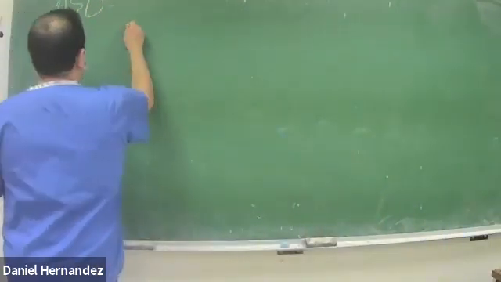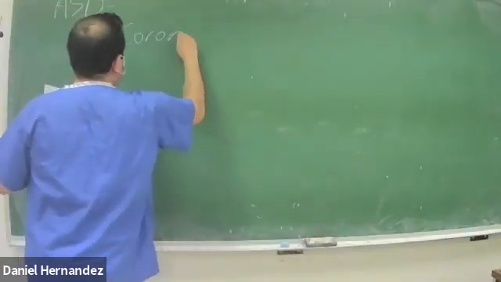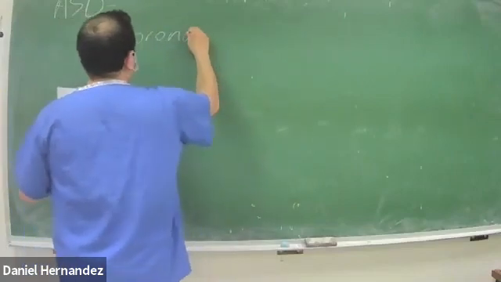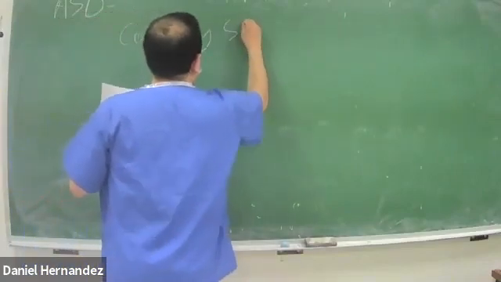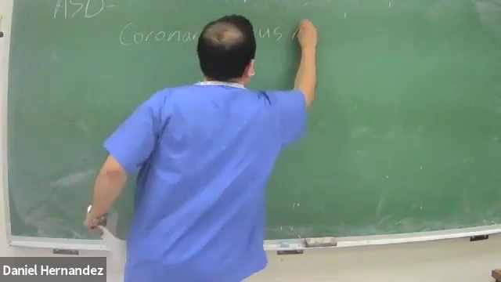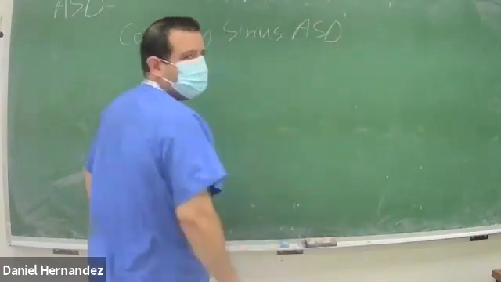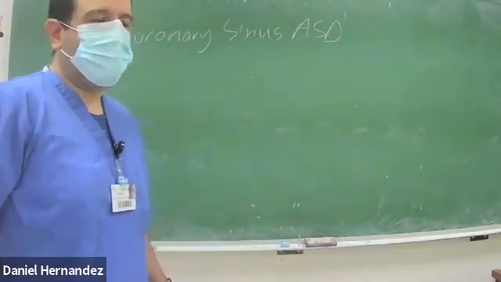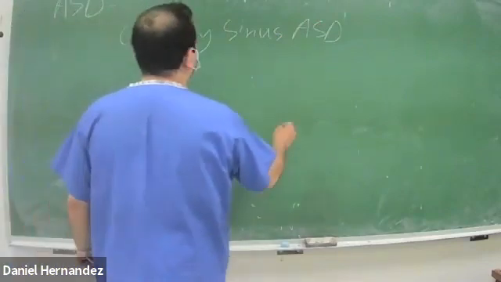Last type of ASD is the coronary sinus ASD. Like we said, these are very rare.